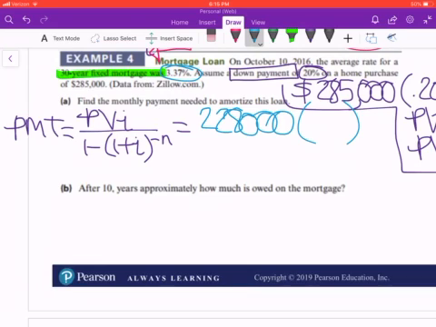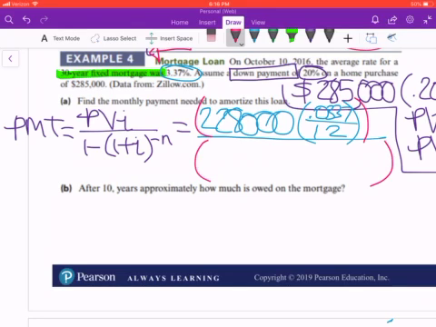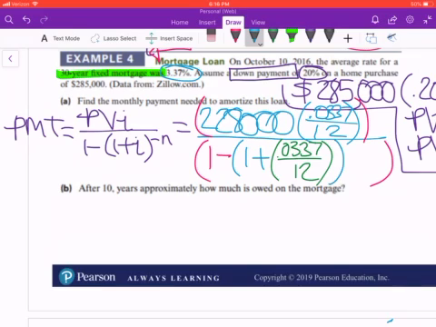So for our rate, we will have 0.0337 divided by 12. Now on the bottom, when you enter this in the calculator, you should have parentheses for the numerator and also for the denominator, just to make sure that you have everything in place. So this will be 1 minus, and then 1 plus the rate again, divided by 12, and that is what will be raised to the power n.